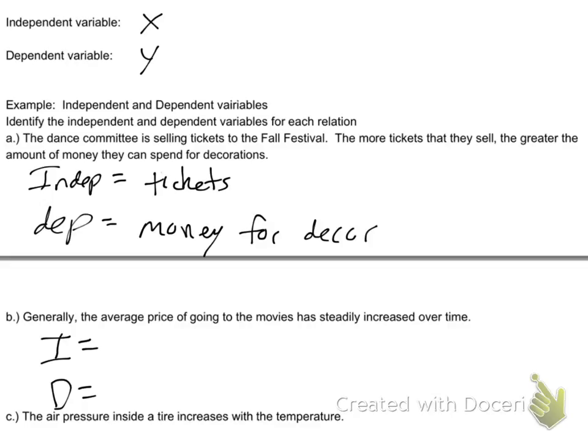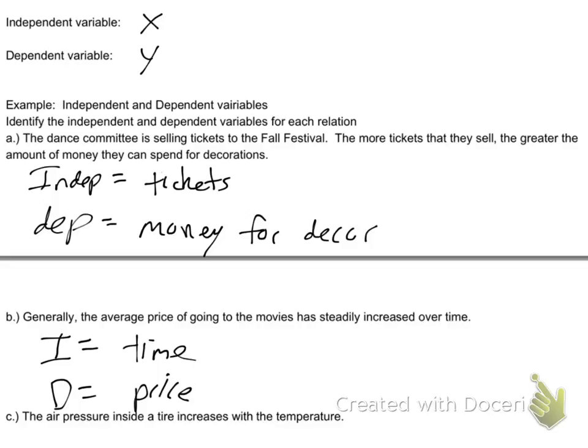Time, guys, will keep marching on, but as more time goes on, the price will go up. So the more time that passes, the higher the price. Are we seeing that there's a slight difference?